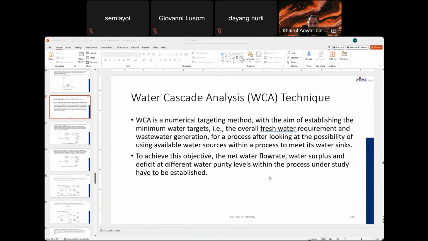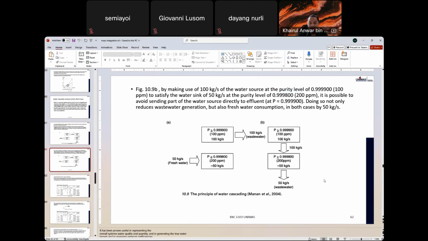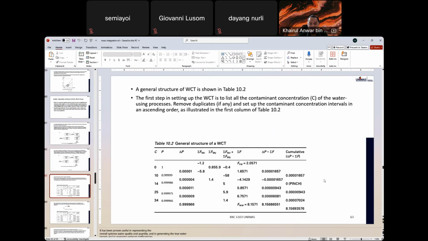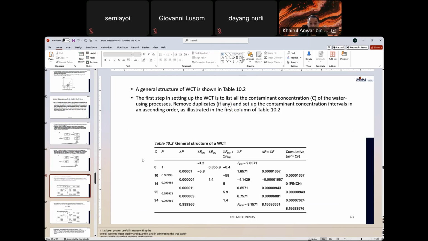So for the cascade analysis, we stopped here. However, the table here is not complete.